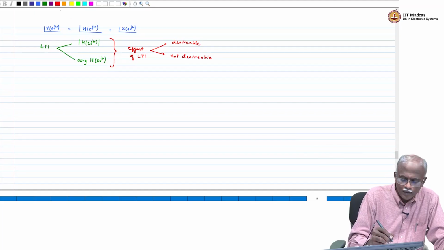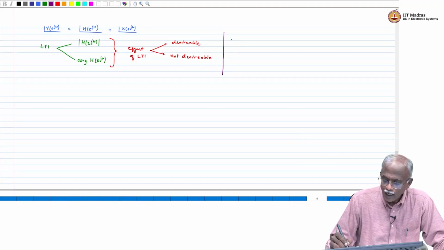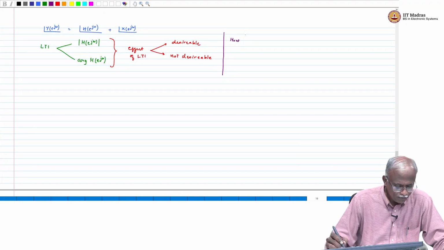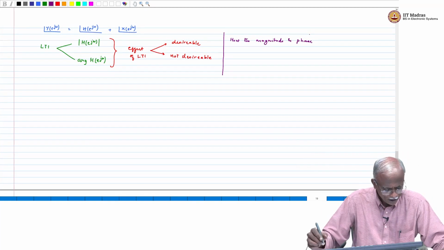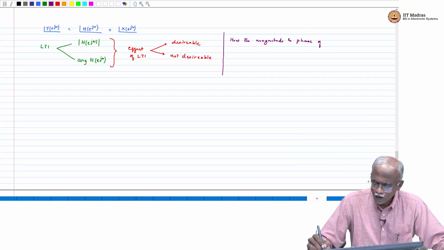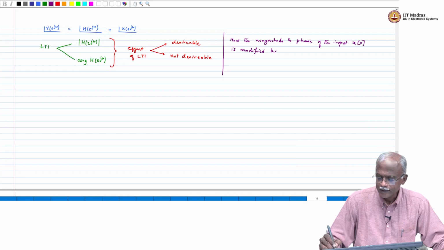Okay, so maybe if we were to write it in words, what we are saying is how the magnitude and phase of the input, the magnitude of X(e^{jω}) and argument of X(e^{jω}), the phase of the input x[n], is modified by the LTI system.